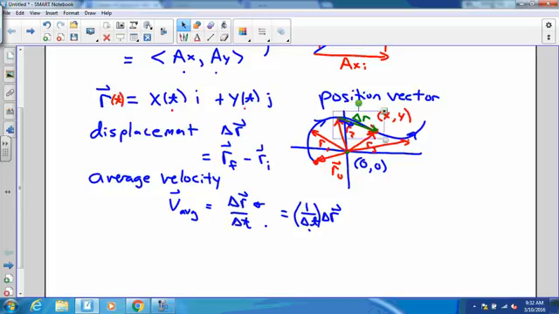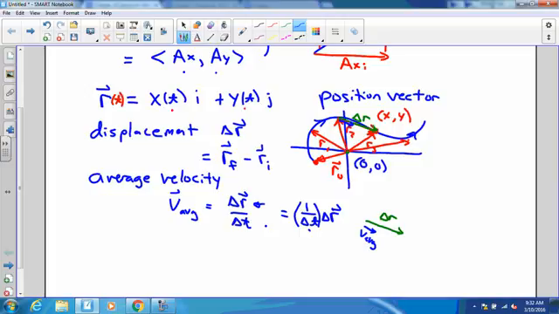Let me copy this down. So here's our delta r. And if I have a large delta t, large amount of time, then my average velocity is going to point in the direction of r, but be much smaller.